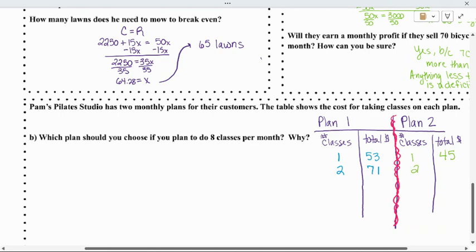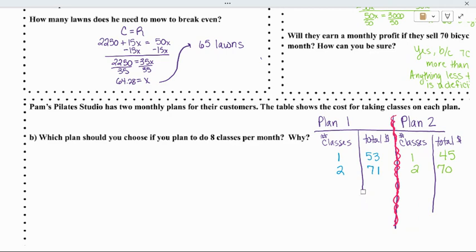And if I take 2 classes, it costs me $70. So the question says, which plan should you choose if you plan to do 8 classes per month and why? We haven't talked about solving or writing linear equations, so we're just going to look at things that we do know. We do know how to recognize a pattern.